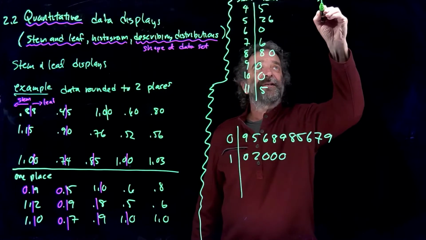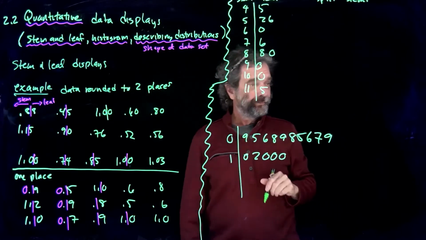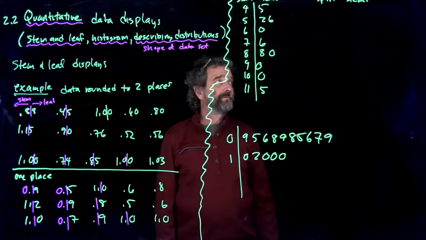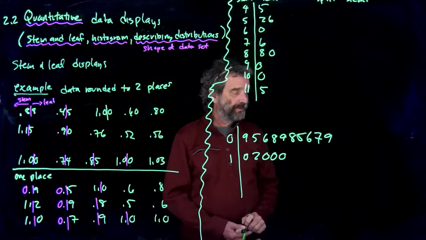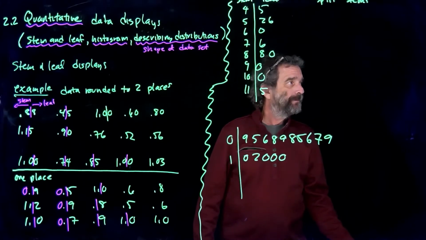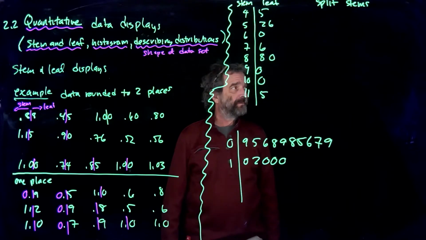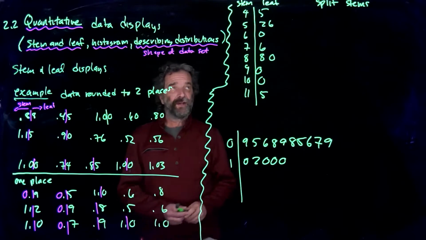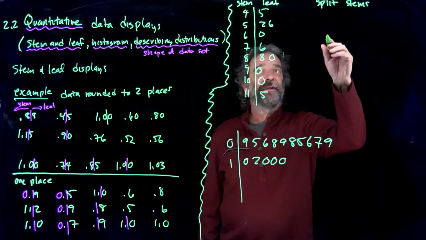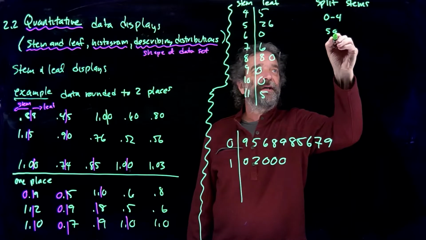So we do have some strategies to adjust our stem and leaf plot. It's called splitting the stems. There are 2 ways to do it. 0 through 4 and 5 through 9.